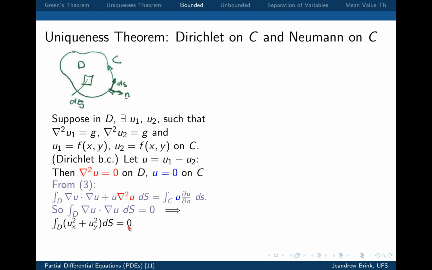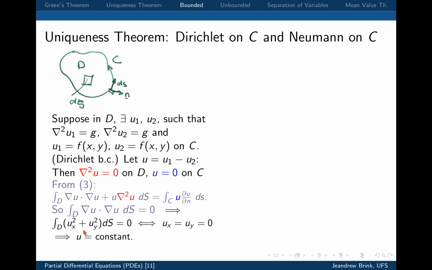And the argument now goes, because it's the sum of positive valued functions, and it's an integral, this thing can only be 0 if every single component is 0 everywhere on the domain. So this integral being 0 implies that ux and uy must identically vanish on the domain, which basically tells us that the function u is a constant.